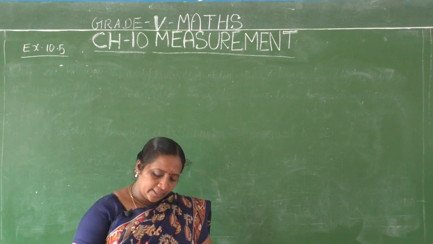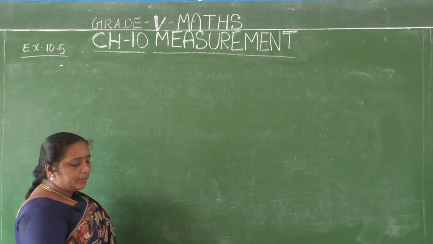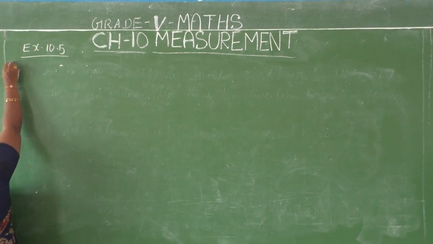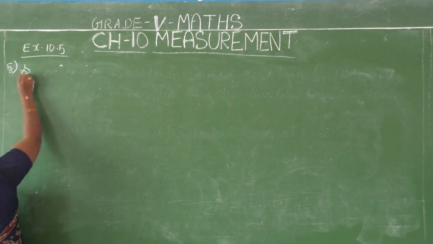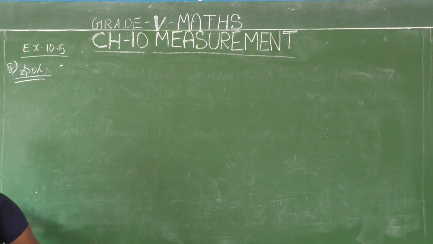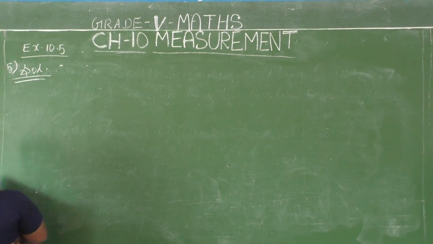Okay, so this is the question. I will work out the answer only. You copy the question from your textbook. Fifth one, solution. First we are going to find the distance of the car.